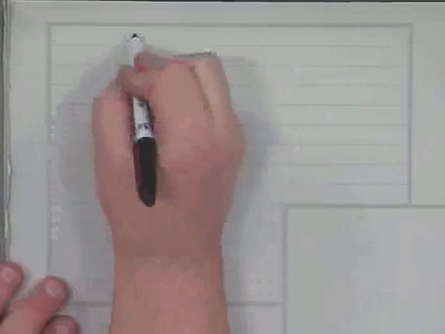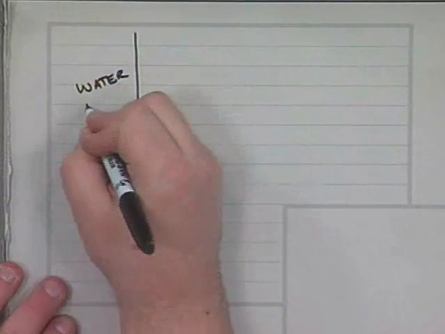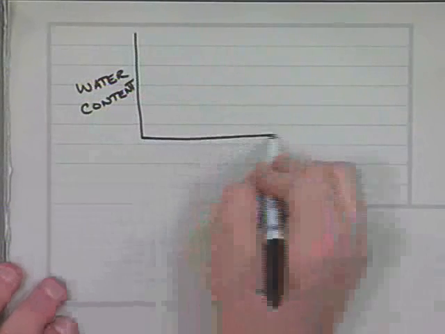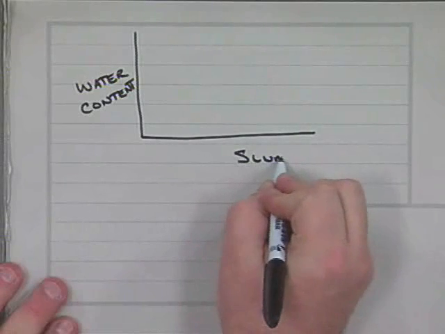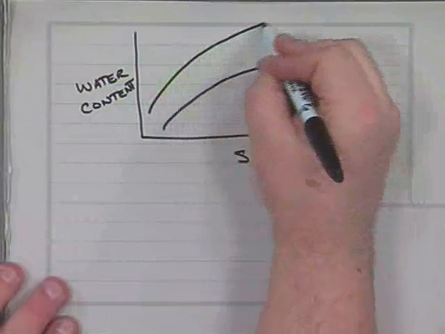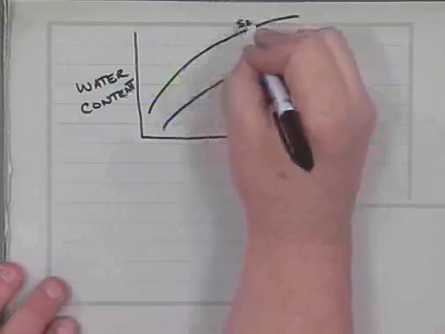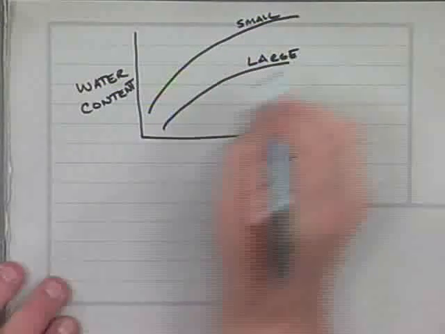And on that graph we had water content plotted on the y-axis. On the x-axis we had slump. And then we had a series of lines that looked something like this. And we had a small aggregate and a large aggregate.